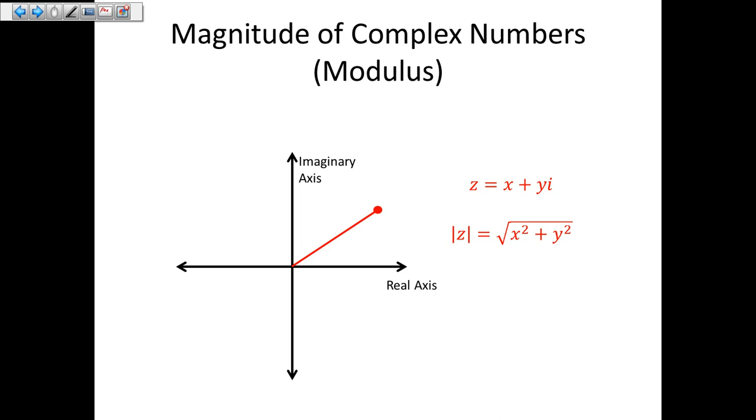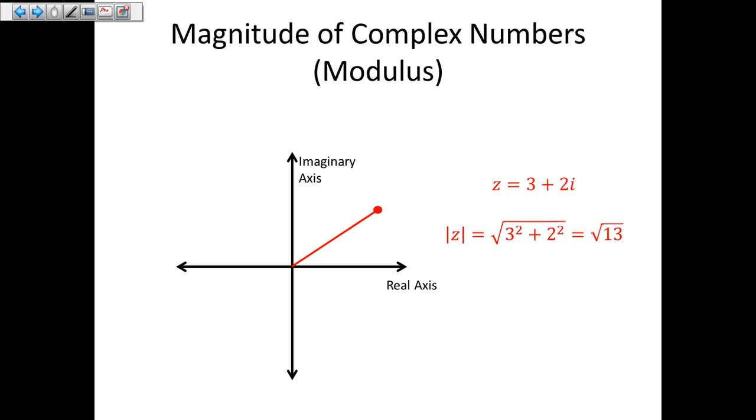It's actually an application of the Pythagorean theorem. So the magnitude of the complex number, denoted here with these double bars, looks like an absolute value. It's not. It means magnitude. It is just equal to the square root of x squared plus y squared. That is the real coefficient squared plus the imaginary coefficient squared. So pretty basic stuff that you should all be very used to.